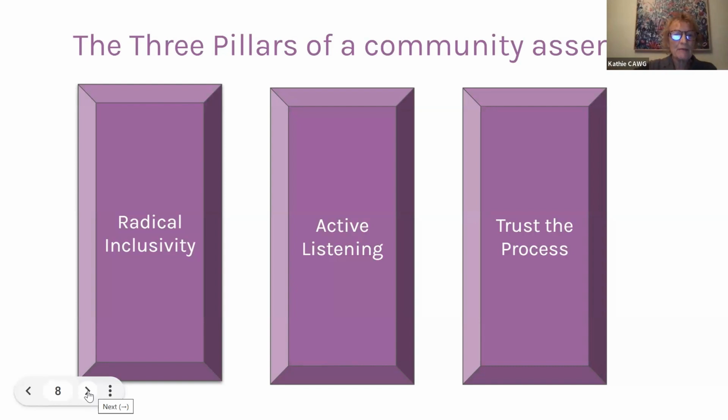So after we've talked to the assembly about the 3 pillars, then it would be the moment when you'd run an active listening session. A good thing to start with for people in a first community assembly would be maybe to turn to somebody and talk about themselves, like we did, for 3 minutes each.